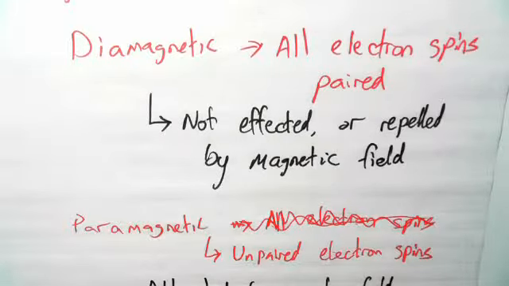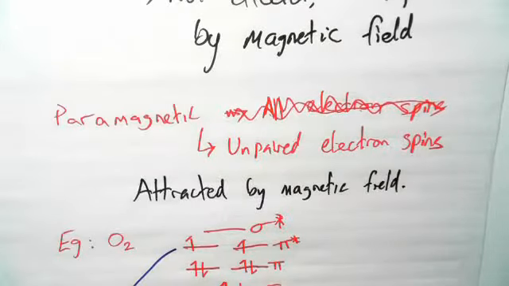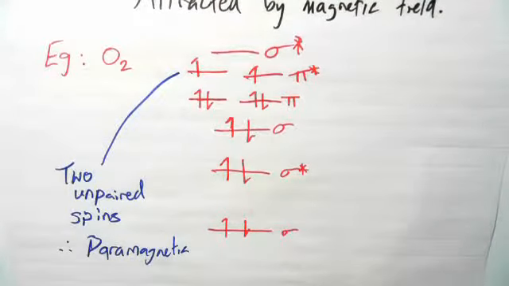Diamagnetic substances are usually either not affected or sometimes repelled by the magnetic field, depending on the substance. And paramagnetic are when you have unpaired electron spins, and they're attracted by a magnetic field. A good example, the most popular example, is O2. Now, this is a molecular orbital diagram, and we'll talk about all of these a lot later, but you get the idea. Sort of the same as an atomic orbital diagram.